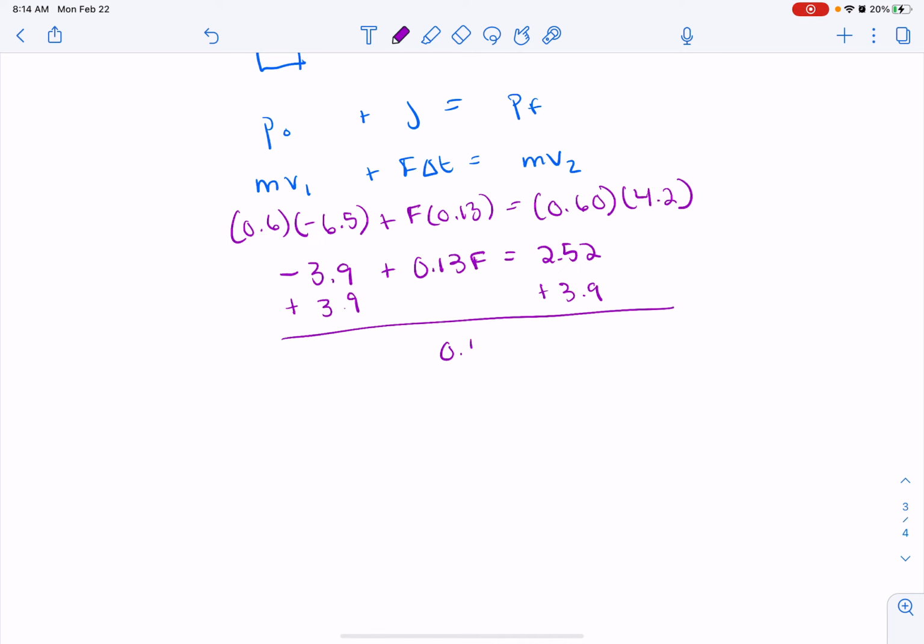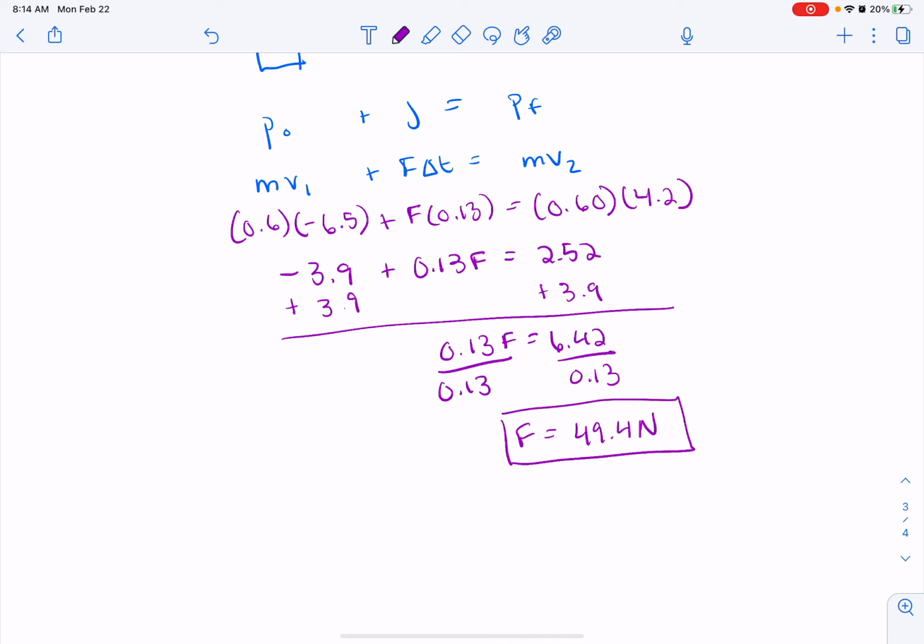And I get 0.13F equals 6.42. Now I'm going to divide both sides by 0.13. And when I put that in a calculator, I get a force of 49.4 newtons. And that is my final answer.